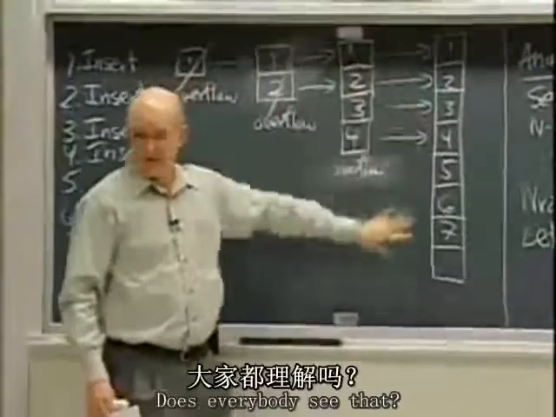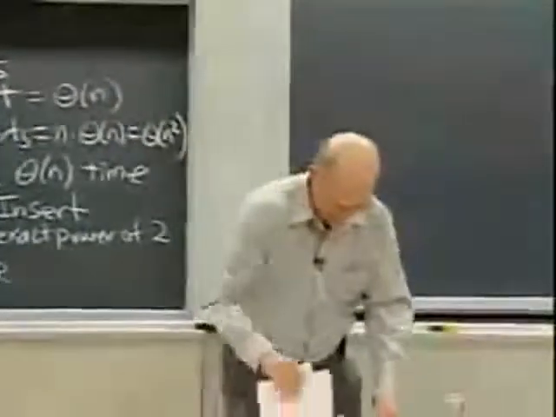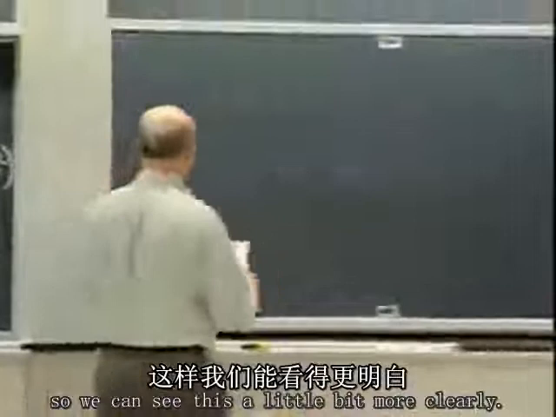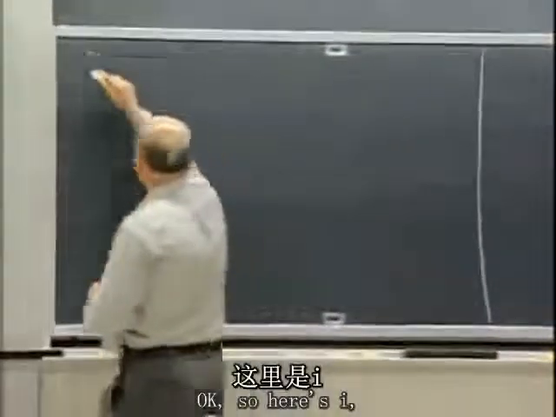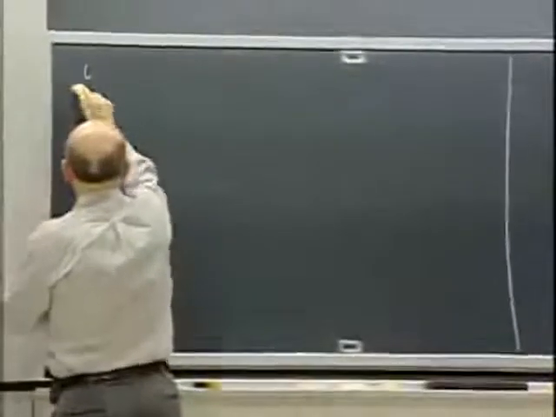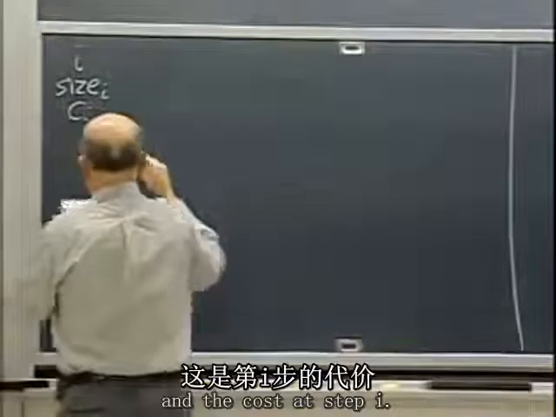So everybody see that? So let's actually make a little table here so we can see this a little bit more clearly. Okay, so we're going to have i, and then the size of the table at step i, and the cost at step i.